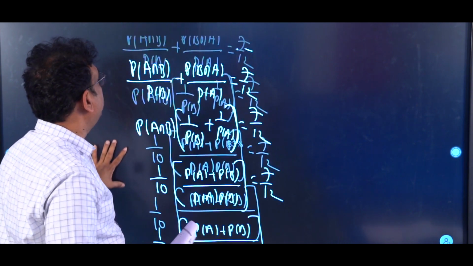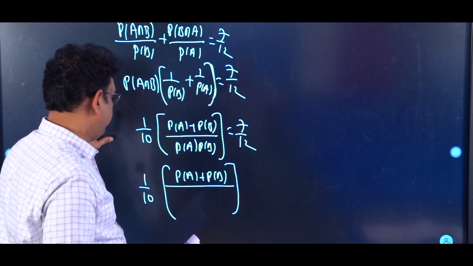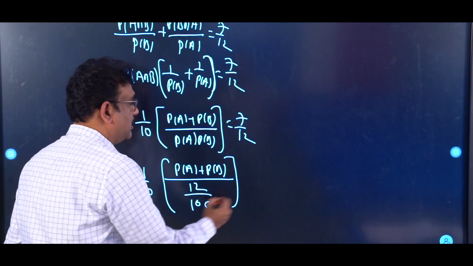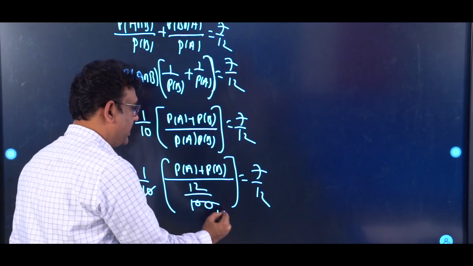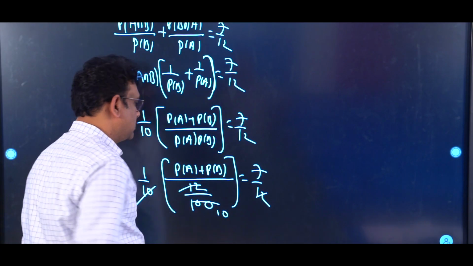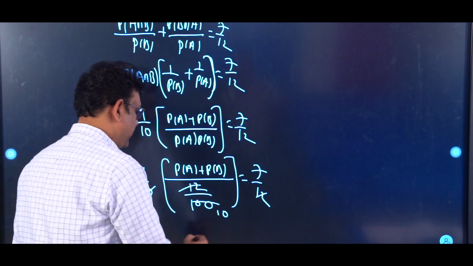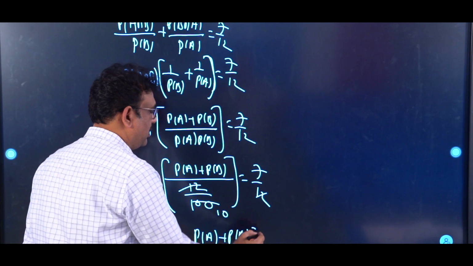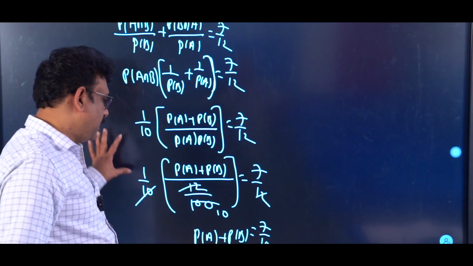P(A) into P(B) is equal to 12 by 100, is equal to 7 by 12. So 10 times, here we get 12 cancel. So P(A) plus P(B) is equal to 7 by 10.